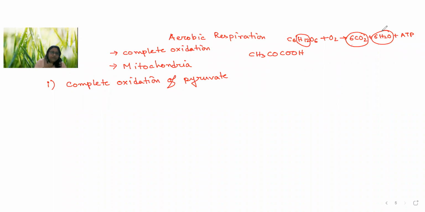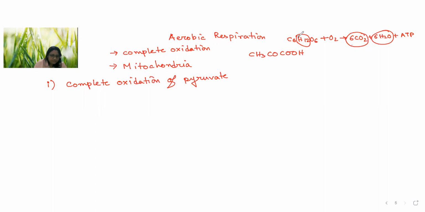But the first step of aerobic respiration is to remove these 12 hydrogen atoms from the C6H12O6. Okay, so complete oxidation of pyruvate means here complete removal of hydrogen atoms from the glucose.